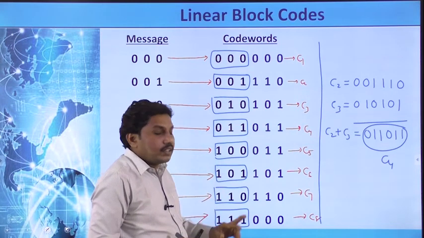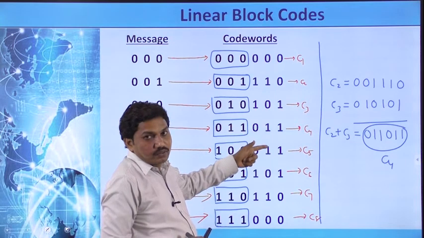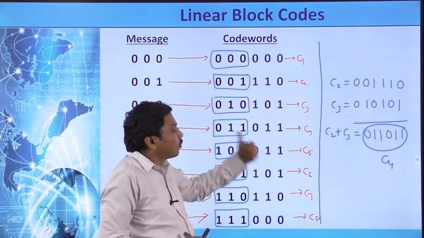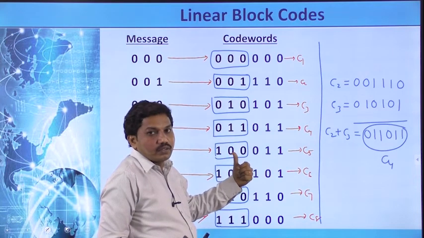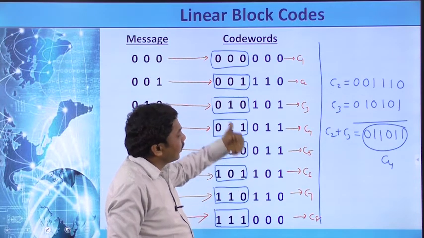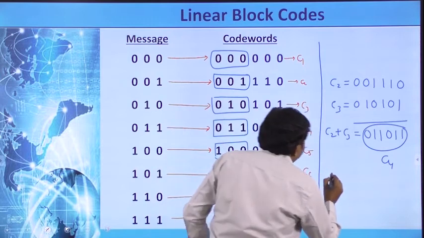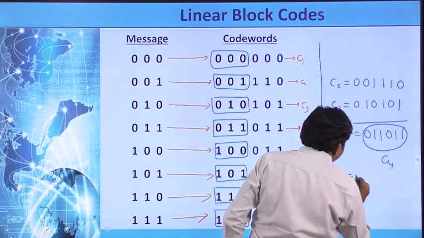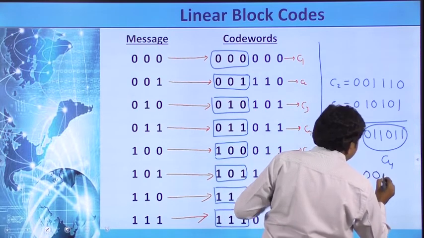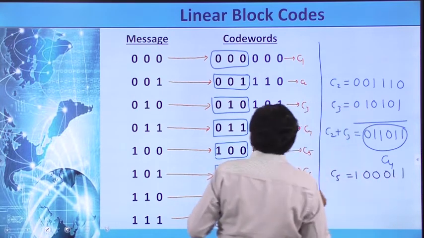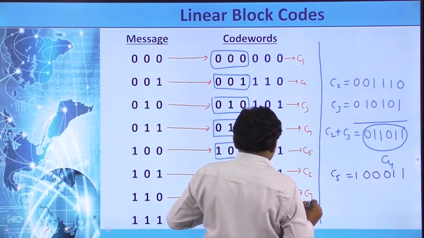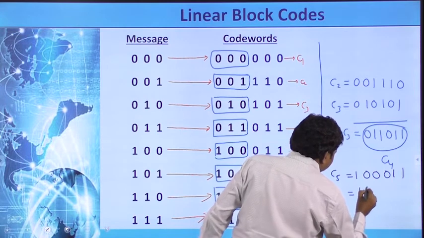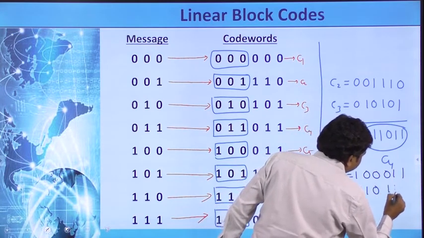If we add any two code words, it produces another code word in that code. For example, we can take one more. Assume this one is some C5, which is equal to 1 0 0 0 1 1. Let us say one more code word, we are assuming as C7. C7 equals 1 1 0 1 1 0.